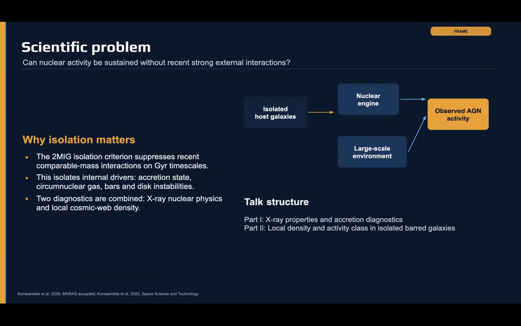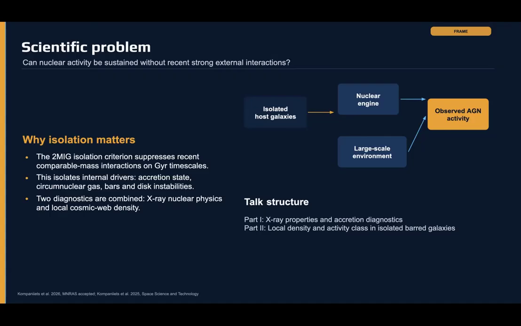The first part is about X-ray properties and accretion diagnostics for isolated galaxies in the local universe. The second part is how we try to estimate local density, also taking into account the cosmic web structure, when studying properties of galaxies.